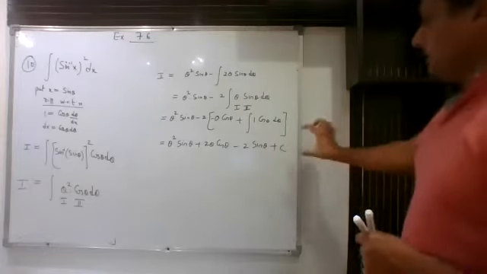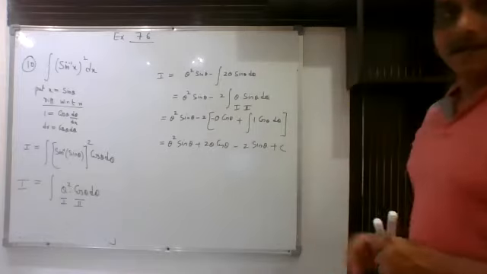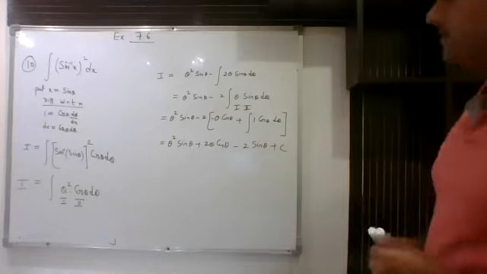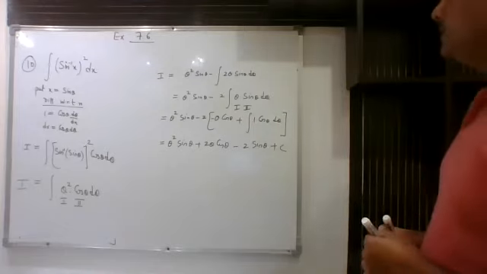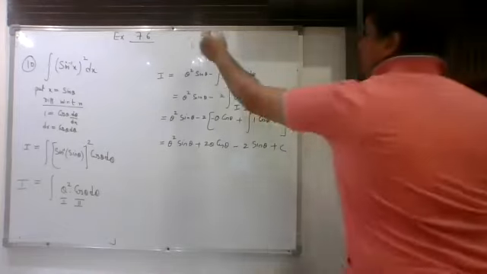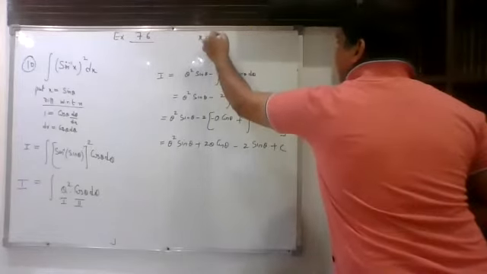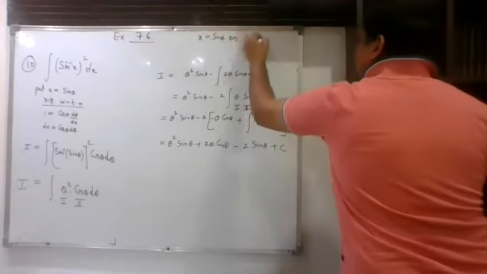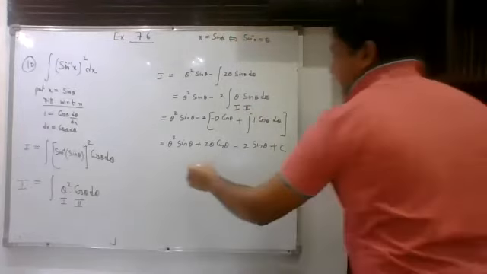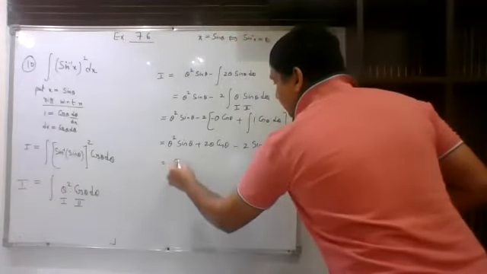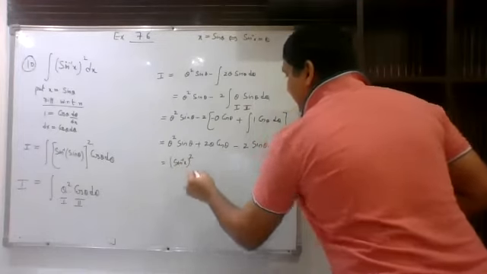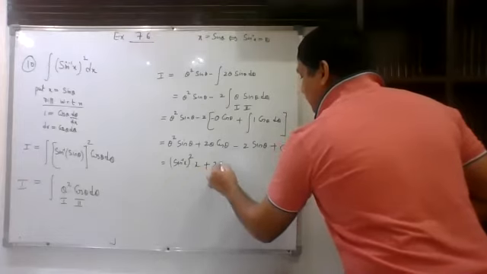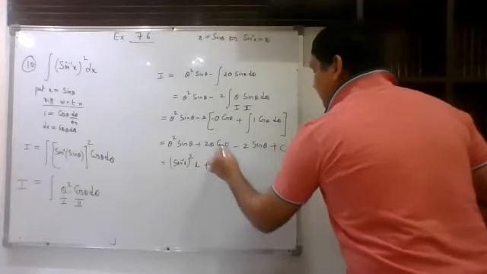Now this is your answer in terms of theta, but we need to convert the answer in terms of x. So how to proceed? Now as per your substitution, we had taken x is equal to sine theta. That means sine inverse x is equal to theta. Let us substitute over here. This will become sine inverse x whole square into x plus sine inverse x.